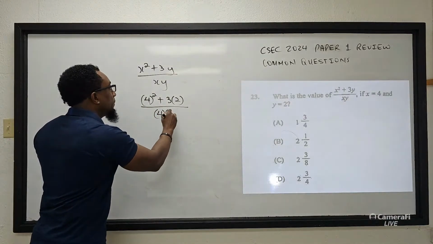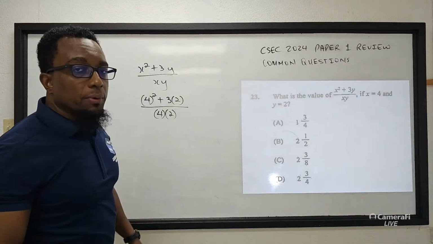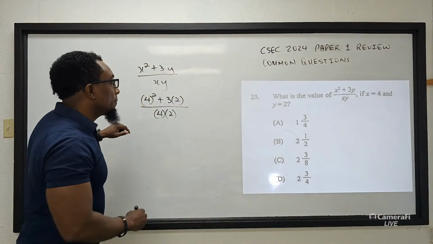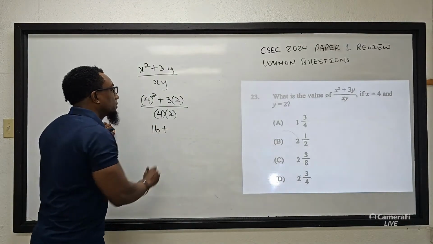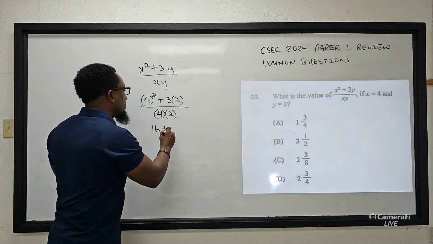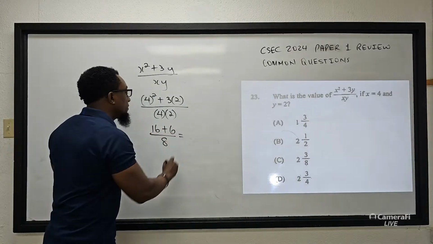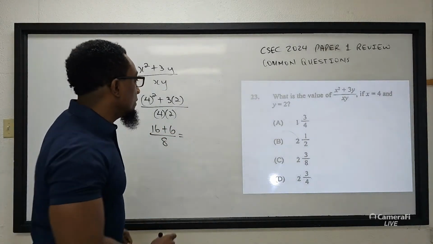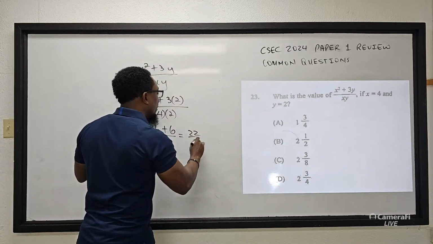4 multiplied by 2. So we're going to get what? 4 squared is 4 by 4, 16, plus 3 by 2 is 6, over 4 by 2 is 8. And 16 plus 6 will give us 22 all over 8.